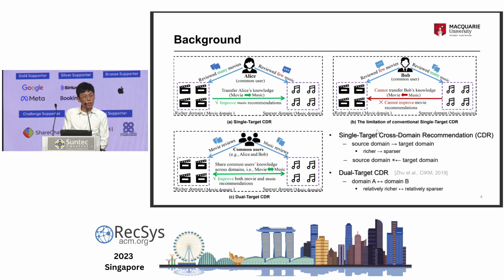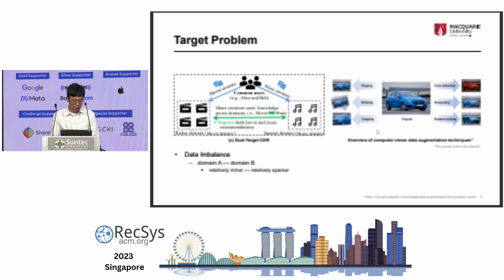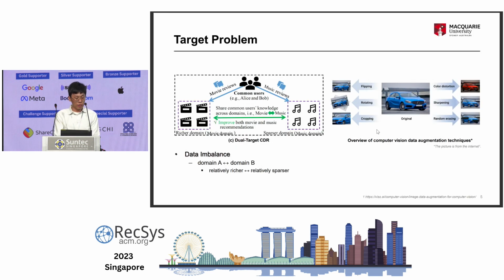To this end, dual-target CDR has been proposed to share common users' preferences across domains to improve the recommendation performance on both domains simultaneously. Now let's move on. Data imbalance is an inevitable problem in cross-domain recommendation.